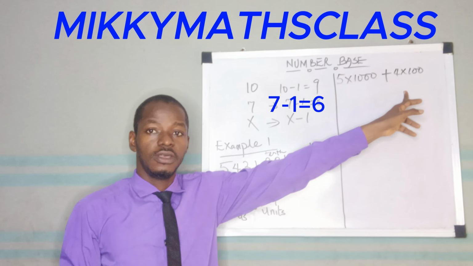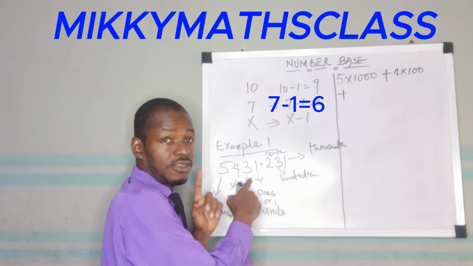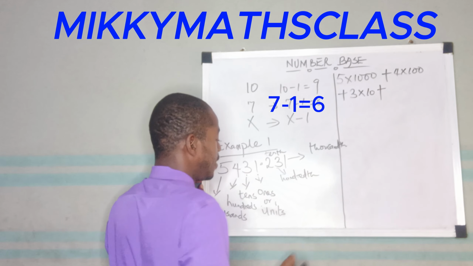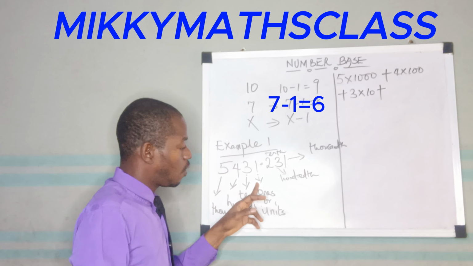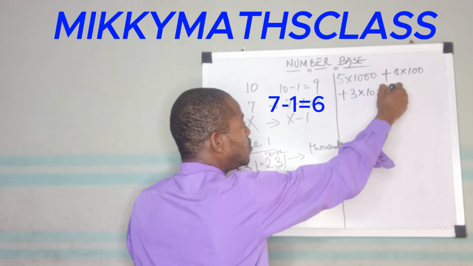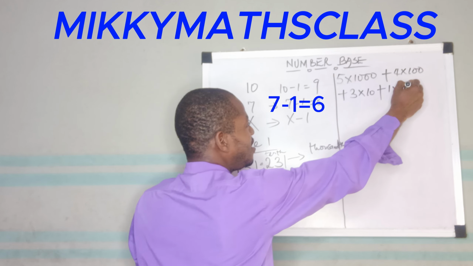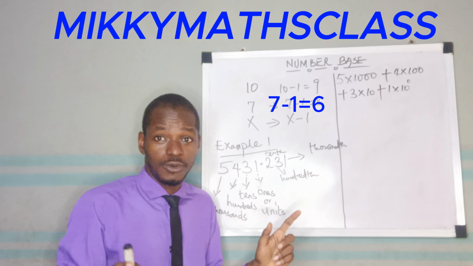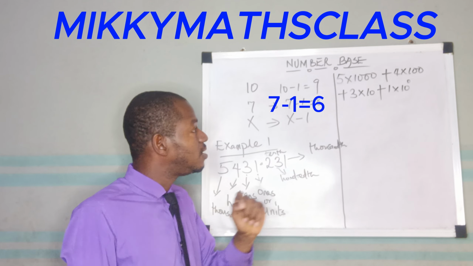Plus the tens has 1 zero, and under the tens part here is 3, so 3 times 10, plus the 1 here is 1 times 10 raised to the power of 0. We put it like that because anything raised to the power of 0 is 1.